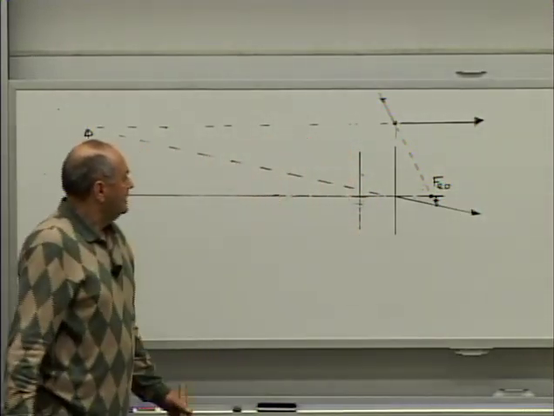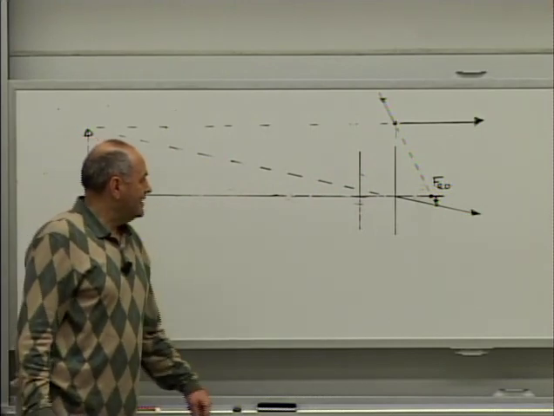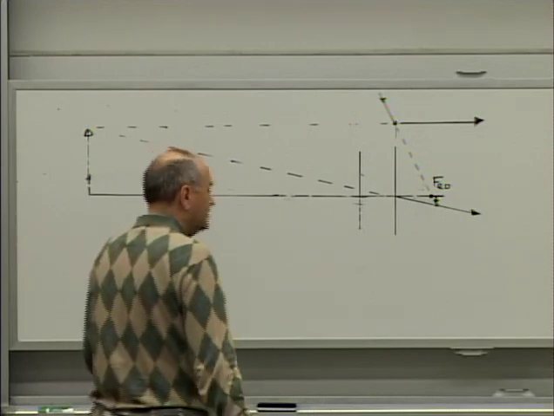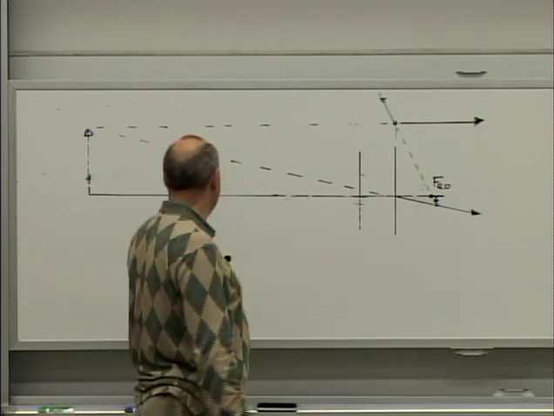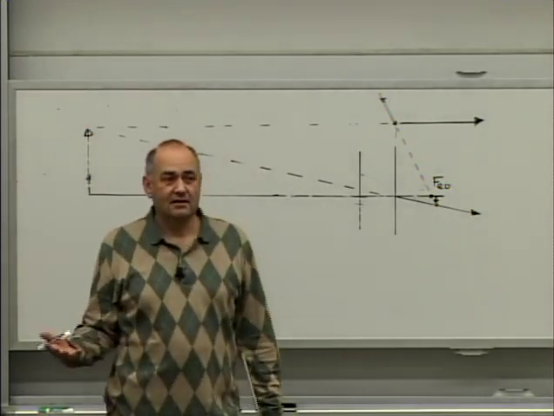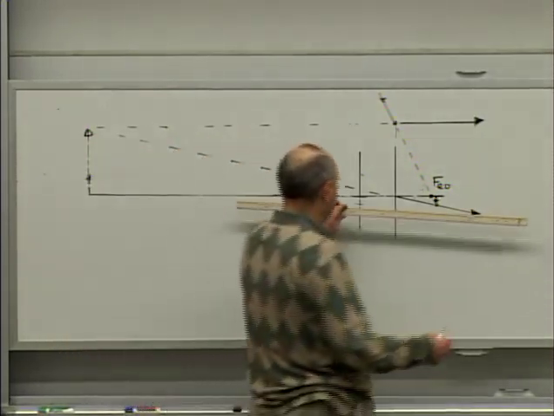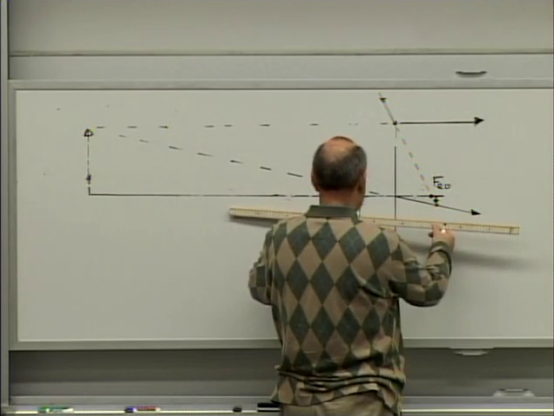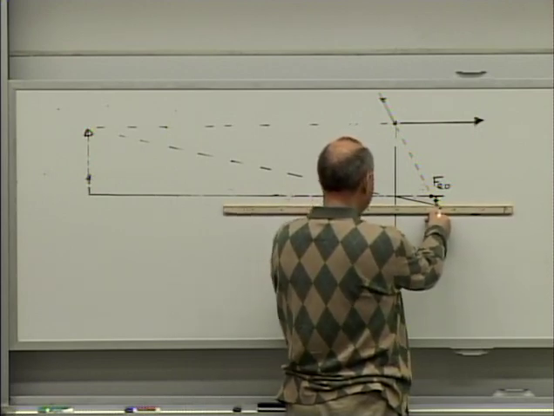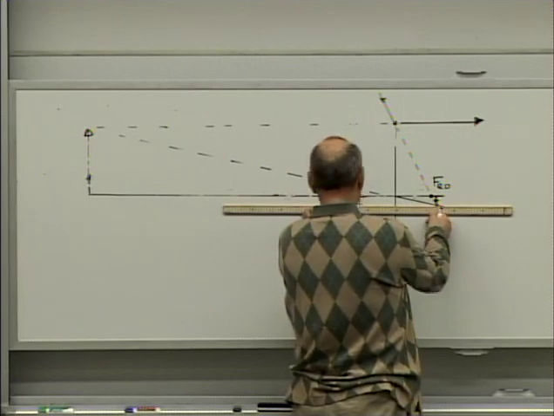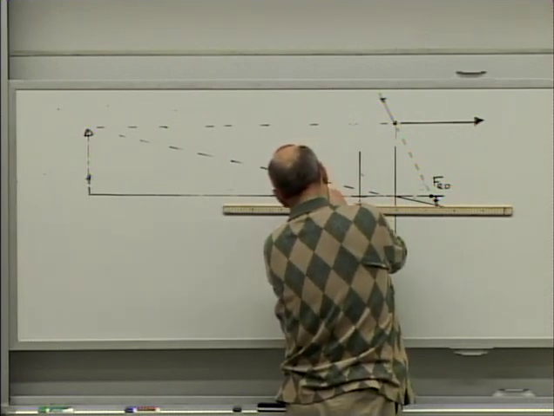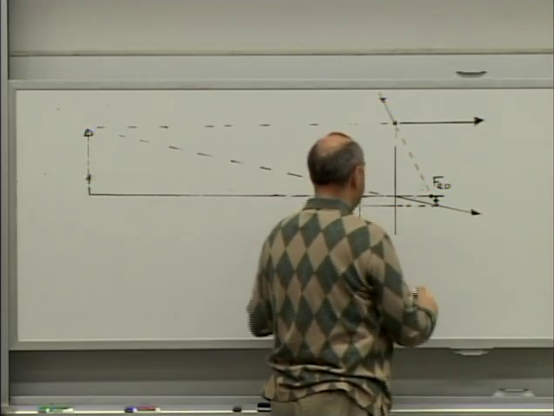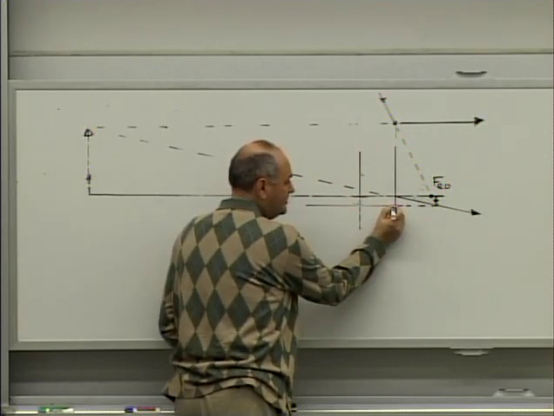How about we trace now the image focal point of the eyepiece. How to do that? Well, I would have now to recognize that if I take the object parallel ray, well, the object parallel ray is going to hit the lens at this point.